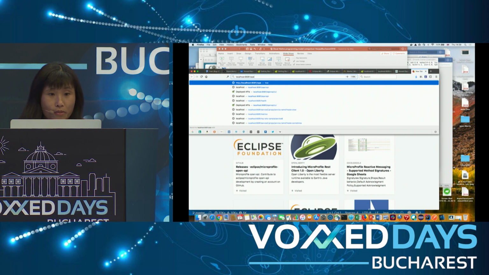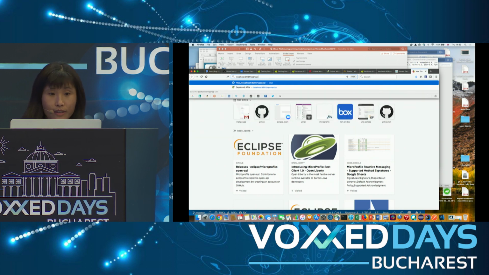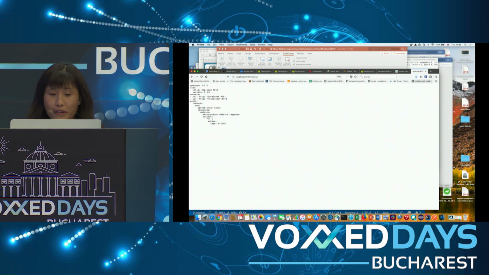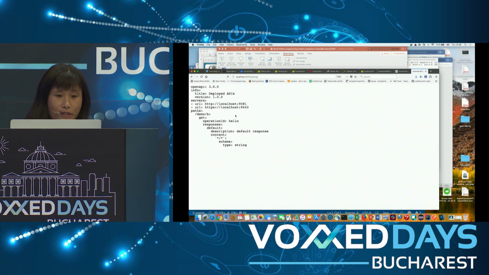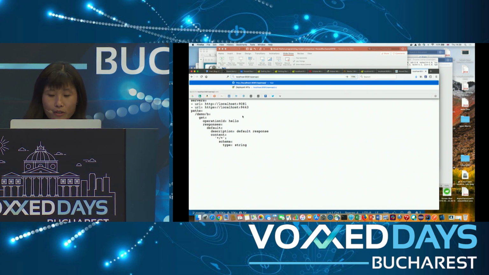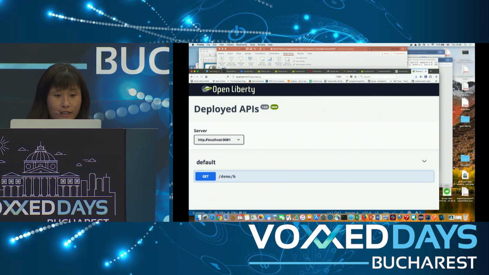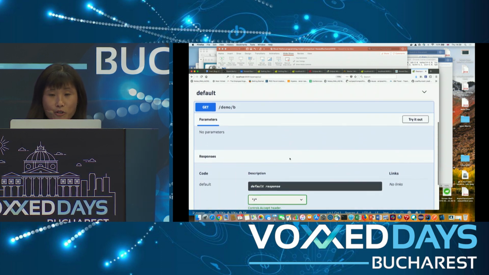So I can call OpenAPI. It gives me the display, telling me it's the operation hello, this is the default description, and it's a string. And then I can also open the UI, where you will directly see this GET operation, and you can try it out.